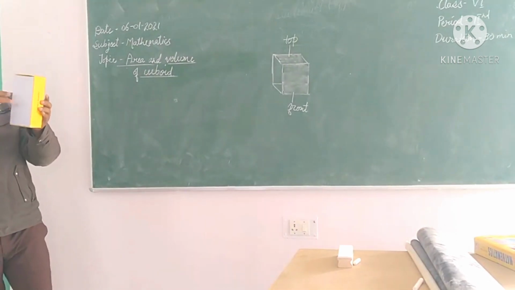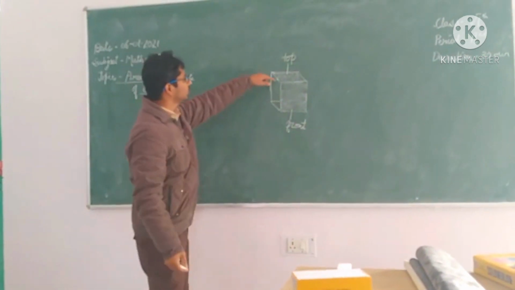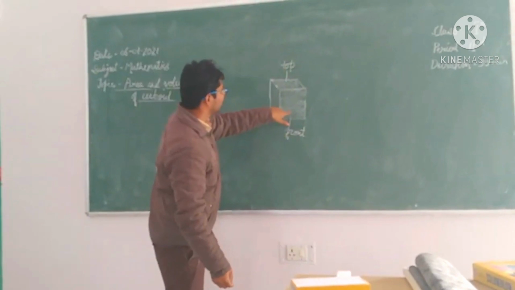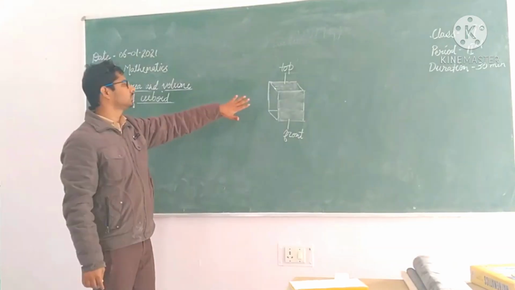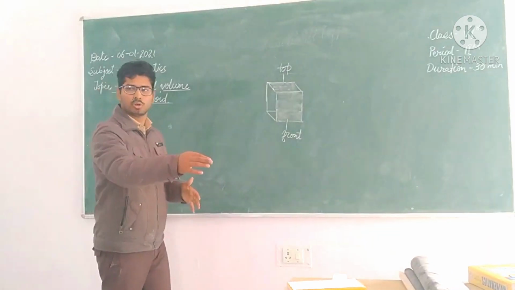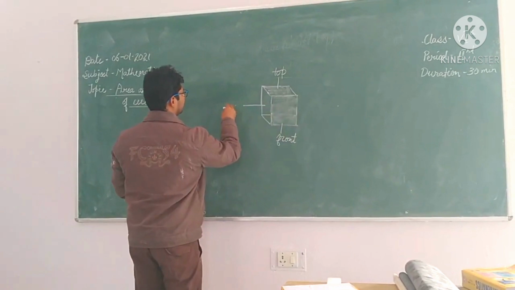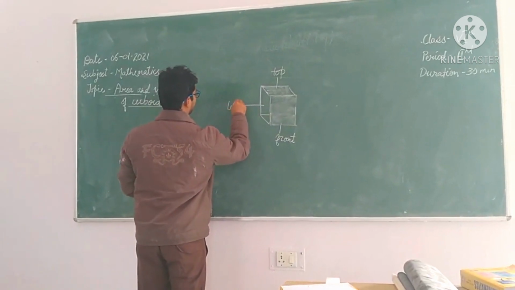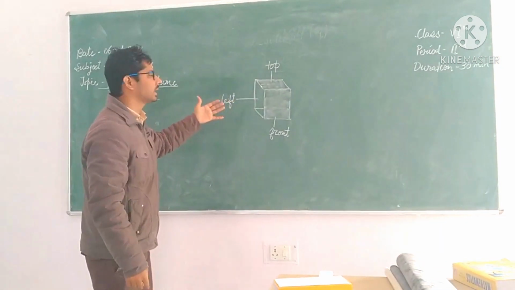Six faces. Six faces are there in this box and in every cuboid. On that box you can see the top face and the left face, and there are three more faces at the back.